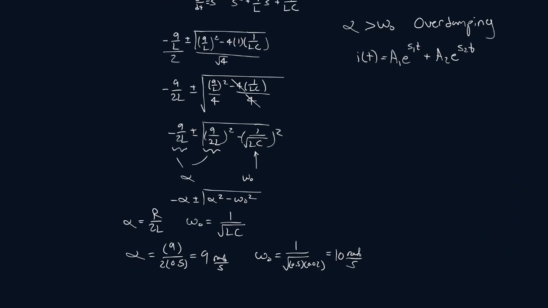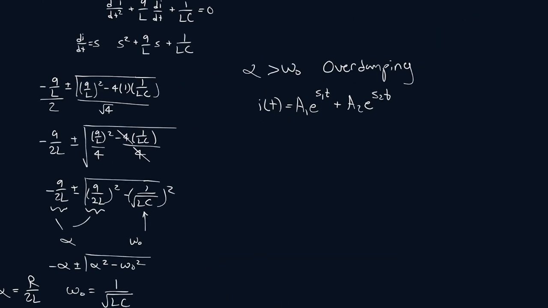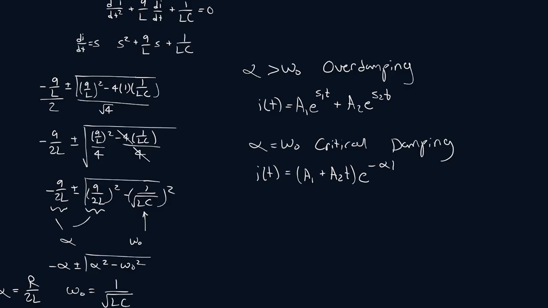S1 and S2 being the two roots that you get from your quadratic formula. Now, if they're both equal to each other, that's critically damping. And the formula for this one will be A1 plus A2t times e to the power of negative alpha t.